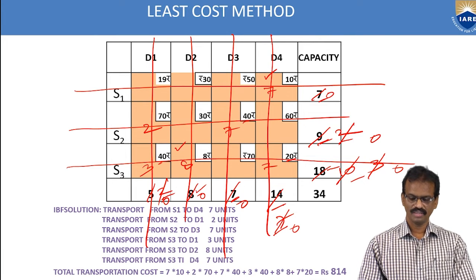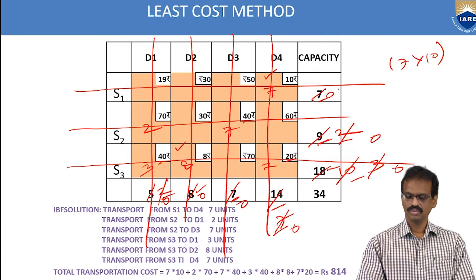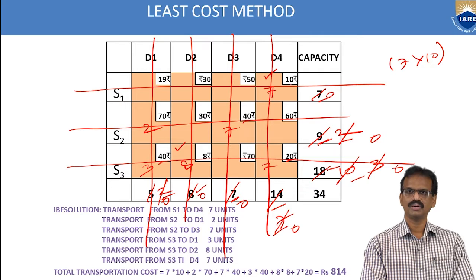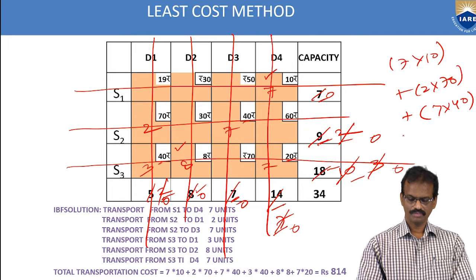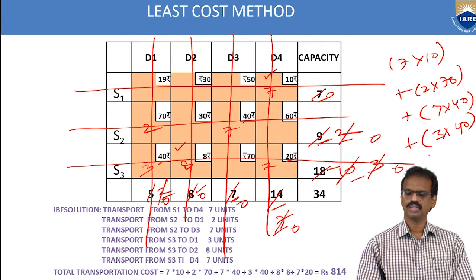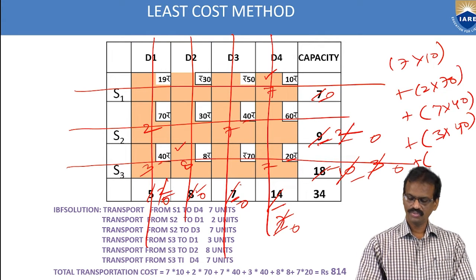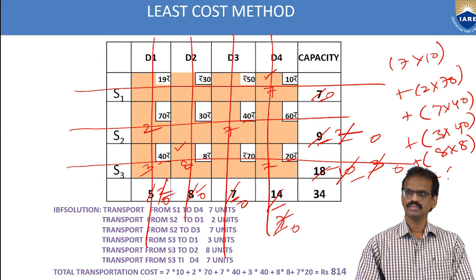So in this way, the allocated value is 7 into 10. That is, allocated value into shipping cost. Plus 2 into 70, plus 7 into 40, plus 3 into 40, plus 8 into 8, plus last 7 into 20.